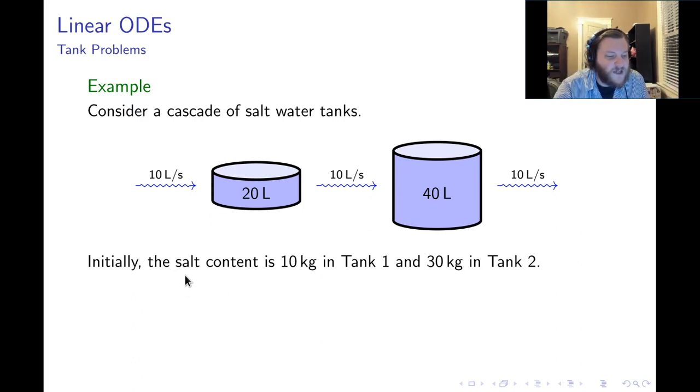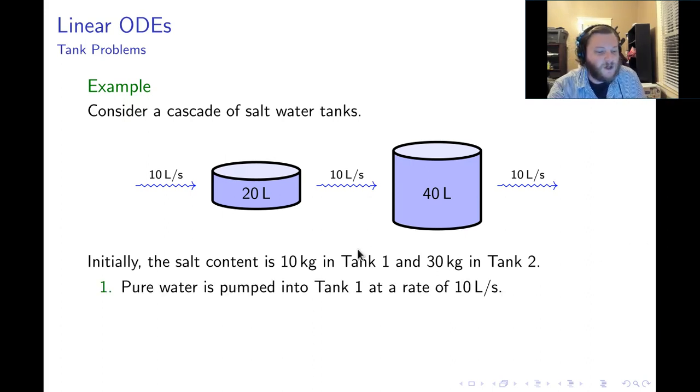In the first tank, the initial salt content is 10 kilograms, and in the second tank, the initial salt content is 30 kilograms. So let's take a closer look at the precise situation here. We have our two tanks, and pure water is being pumped into the first tank at a rate of 10 liters per second. That's represented in our diagram with this squiggly arrow.